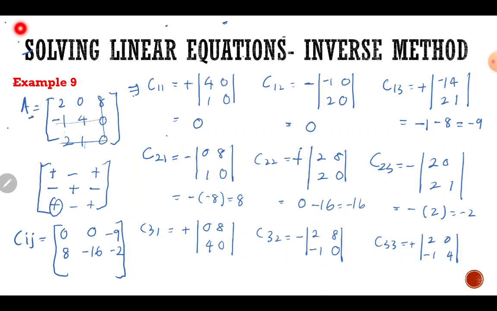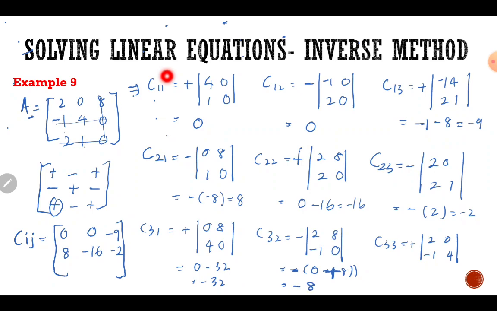Siapa kita dapat jawapan ni? We will get 0 minus 32, so we get negative 32 here. And then kat sini negatif 0 tolak 8, tolak 8, so dia akan jadi positif kat sini. Nampak positif, so negatif ada kat luar, so dia akan jadi negatif 8.